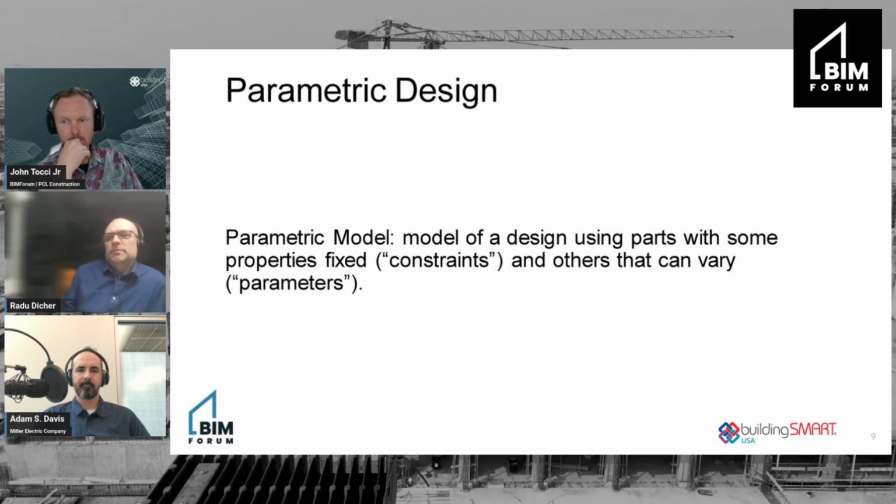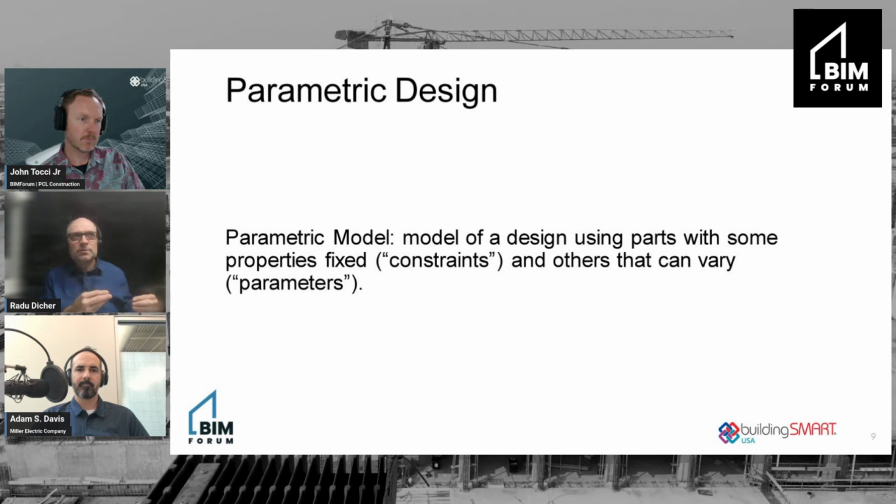Now, that's a generative approach to site data, or poem data. But in terms of taking this one step forward, parametric design relies on this parametric model idea, which is basically a model of a design using parts with some properties fixed, which are the constraints, and some others that can vary, right?